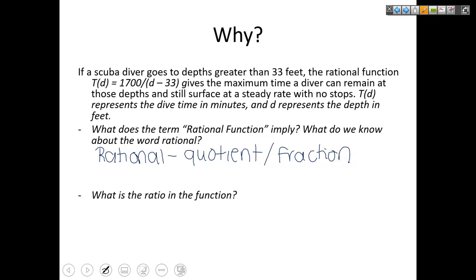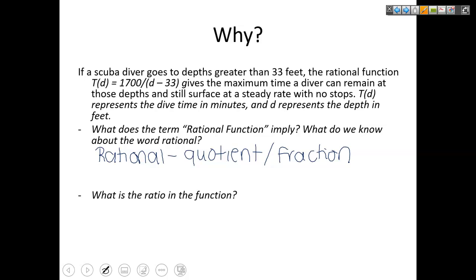So a rational function is a function of fractions, where it is a function made up of two expressions that are fractions.